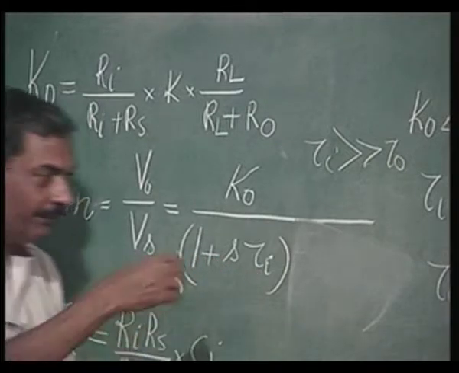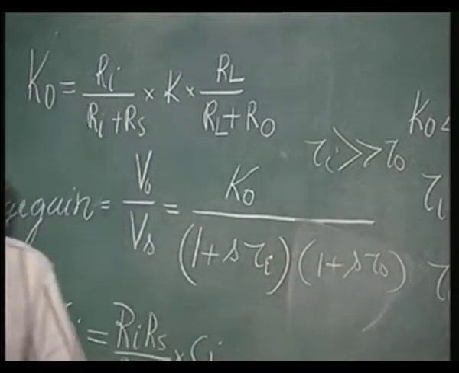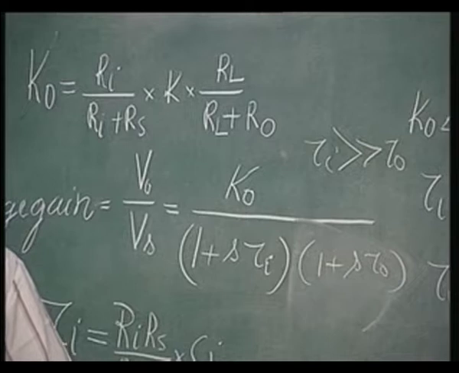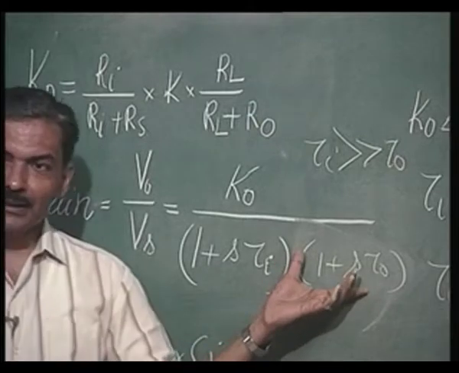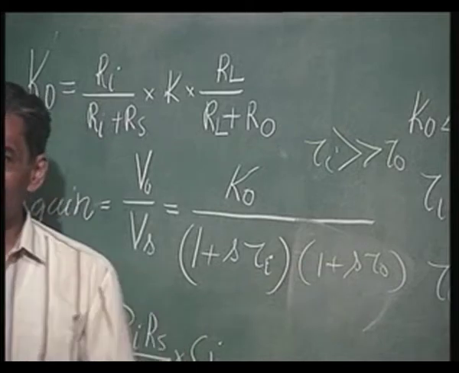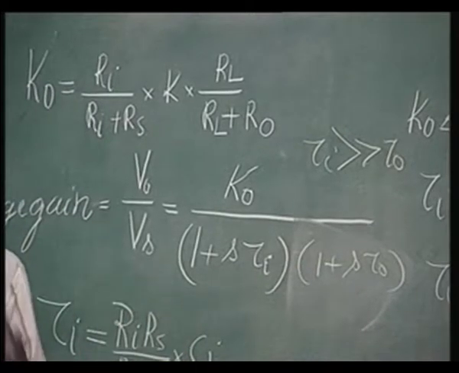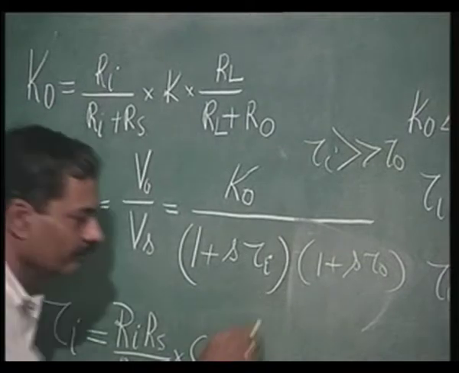If both tau I and tau naught were of same order, then this is a second order system. If this is negligible, has negligible effect in the pass band, then this is approximated as a first order system.